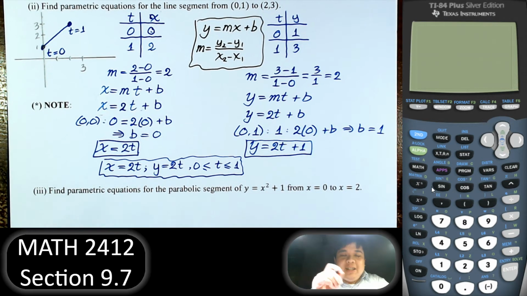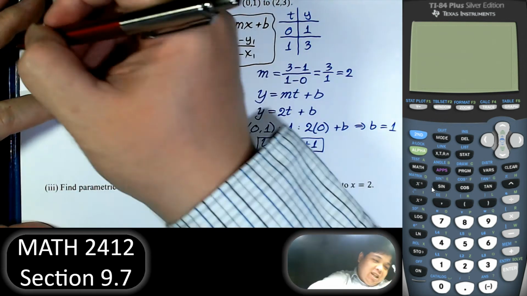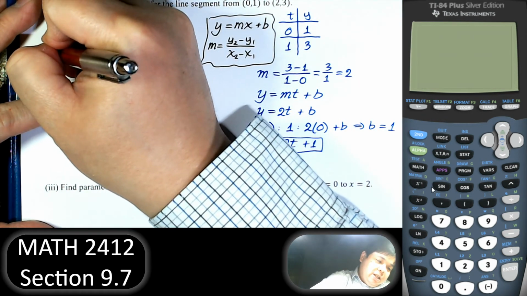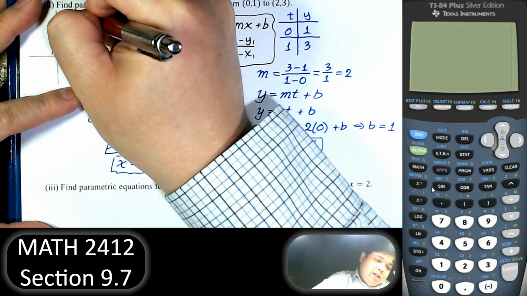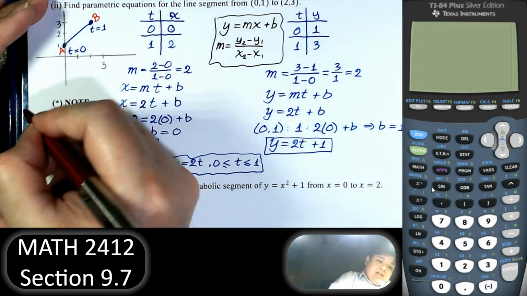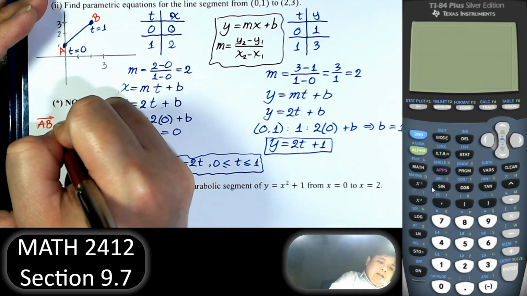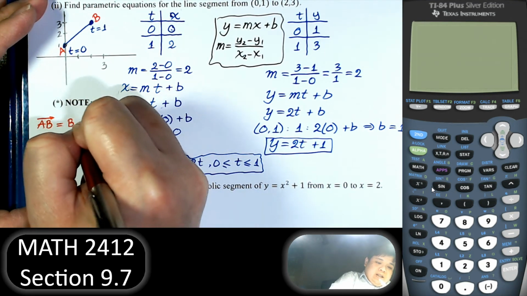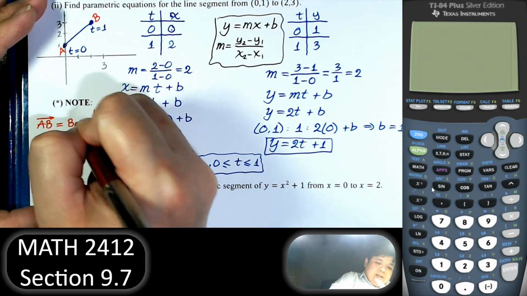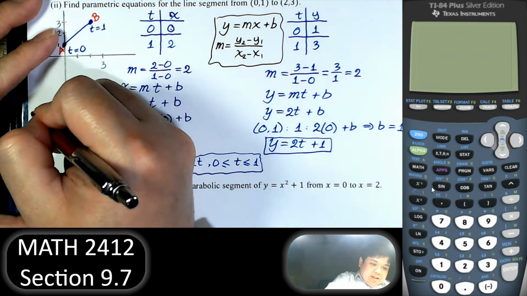Now, if we go back to vectors, let's say the coordinate of this point is A and the coordinate of that point is B, and we say the vector AB is equal to B minus A. That's what we had earlier, right?